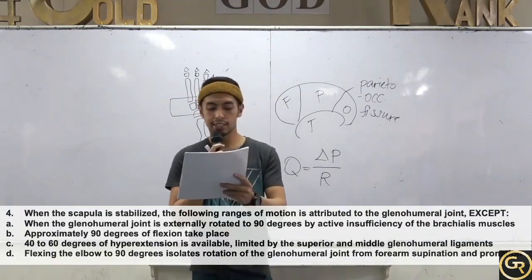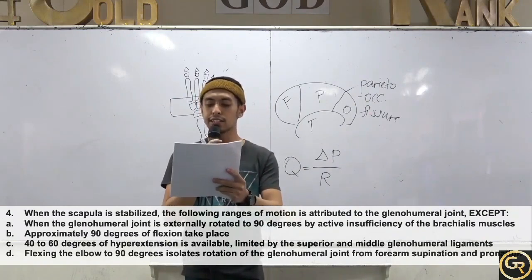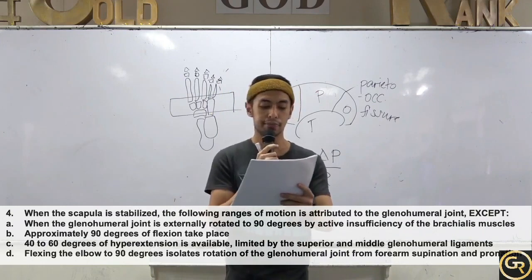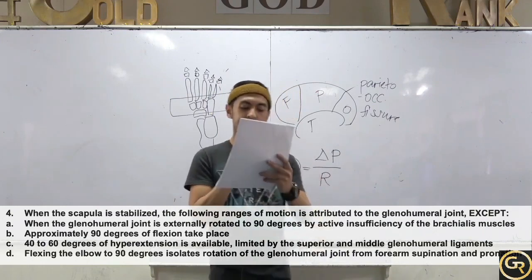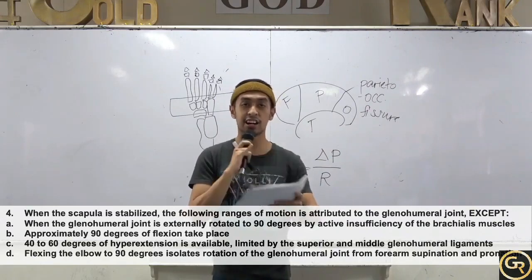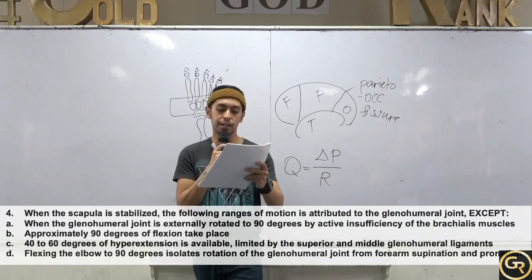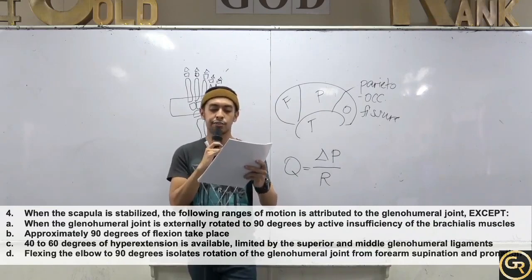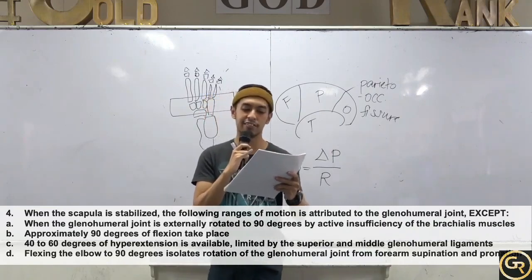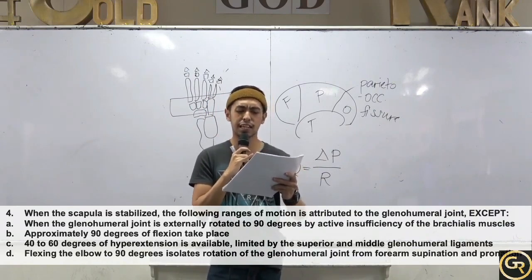Number 4, when the scapula is stabilized, the following ranges of motion is attributed to the glenohumeral joint except, okay? So all statements here are from Brunnstrom except your letter A, okay? Letter A, tingnan nyo si A. When the glenohumeral joint is ER'd to 90 degrees by active insufficiency of the brachialis muscles. Okay, tama po ba yun?